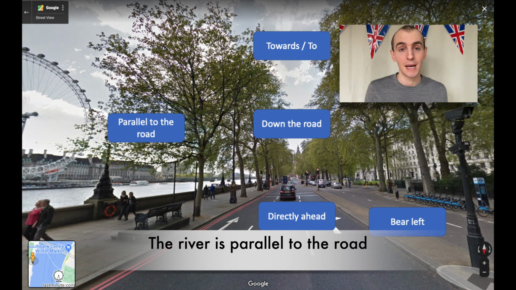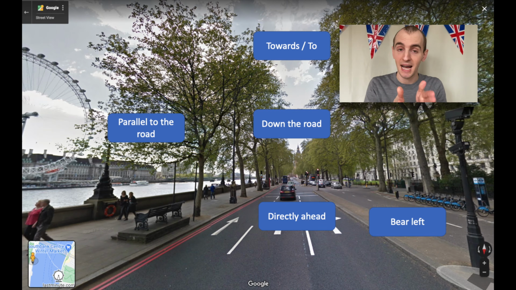This is the River Thames. Also the path, the pavement, is parallel to the road. So we could say, imagine you're in a taxi and you want to say to the driver, drive down this road parallel to the River Thames, and then you want to go towards or to Big Ben.